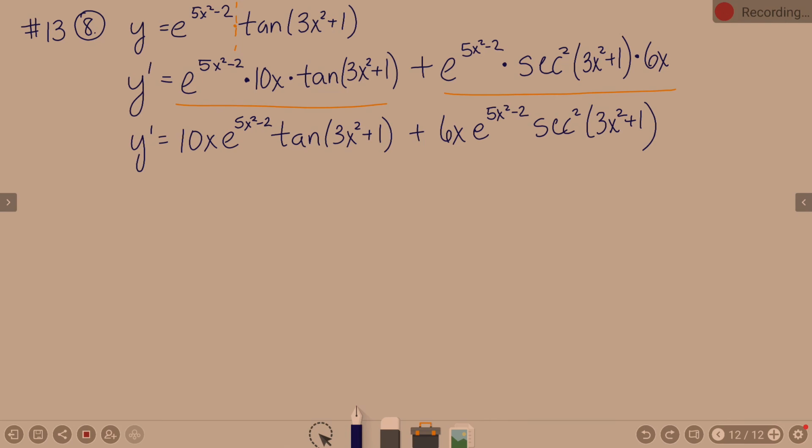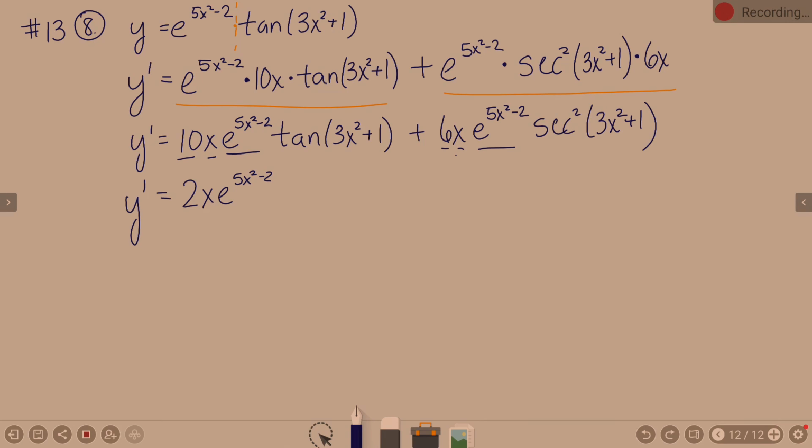Now, what I did on the answer key is I factored out a GCF. What do 10 and 6 have in common? A 2. Both terms have an x, and both terms have an e to the 5x squared minus 2. Past that, you got a tangent and a secant, right?